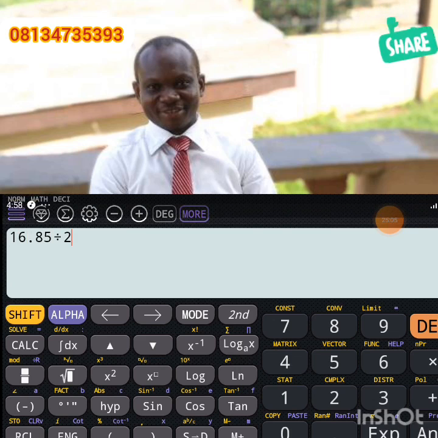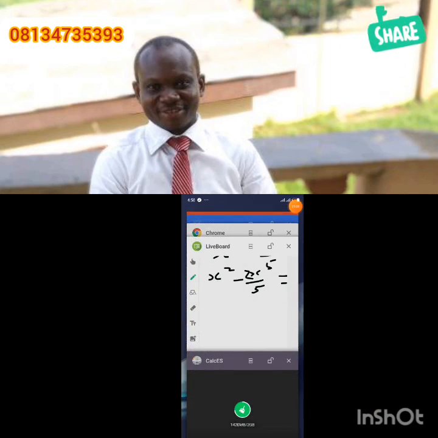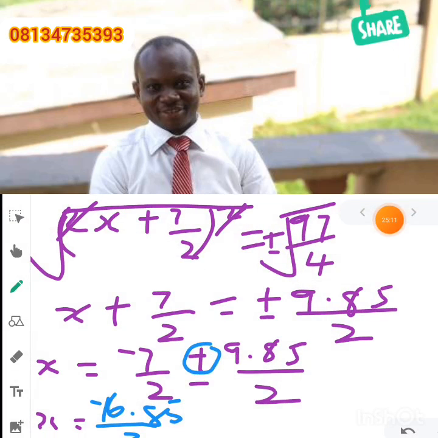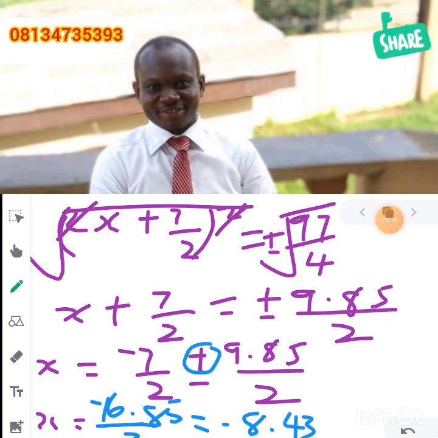When we approximate, we have minus 8.43. That's the first value of our x.